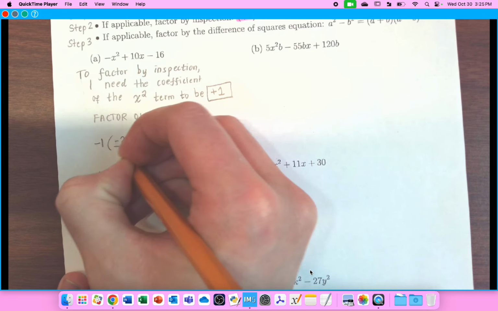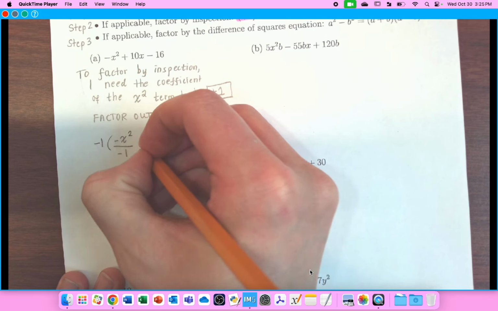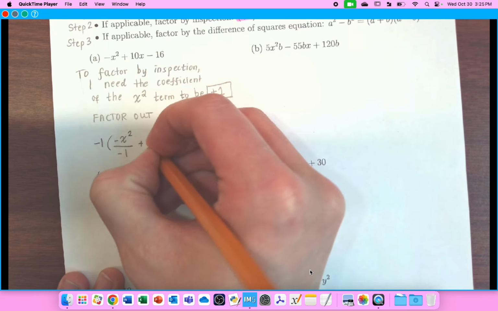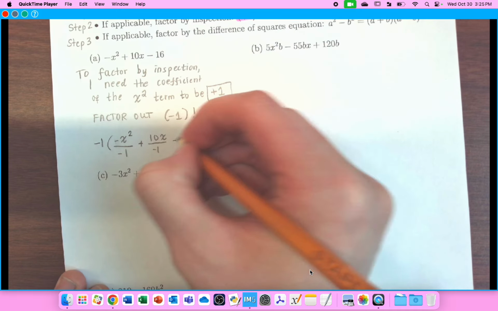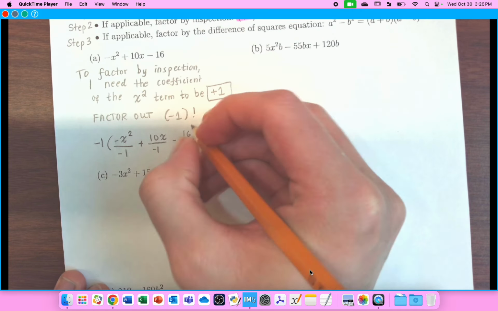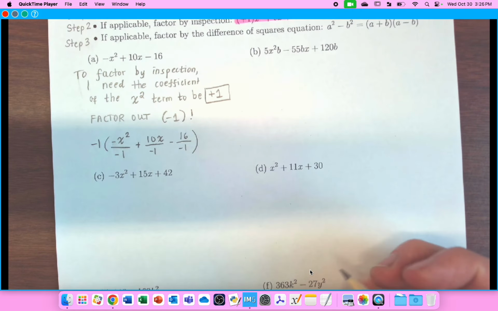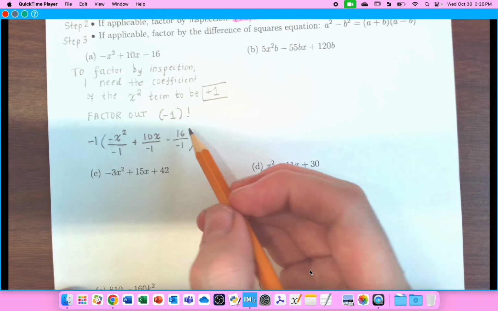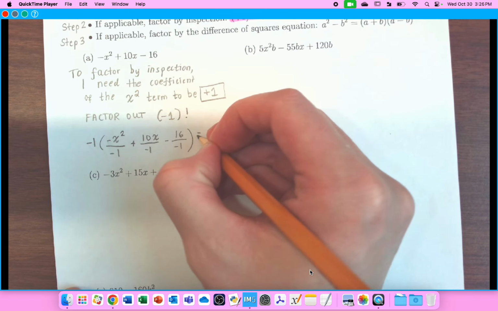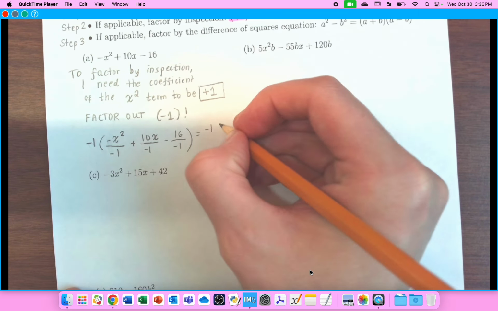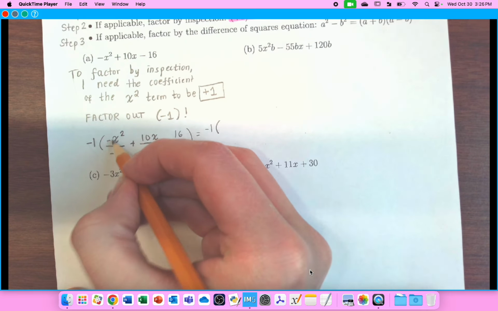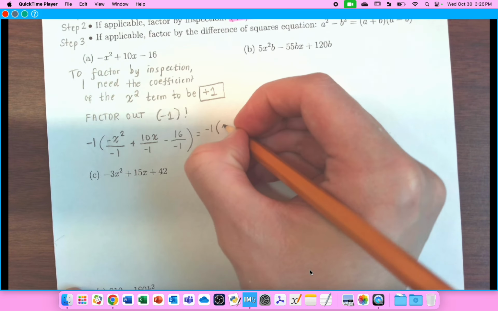-x² dividing each term by, sorry, -1. So gonna kind of run out of space, but I might not need to use so much space in other places. So -1, negative divided by negative is gonna be positive.